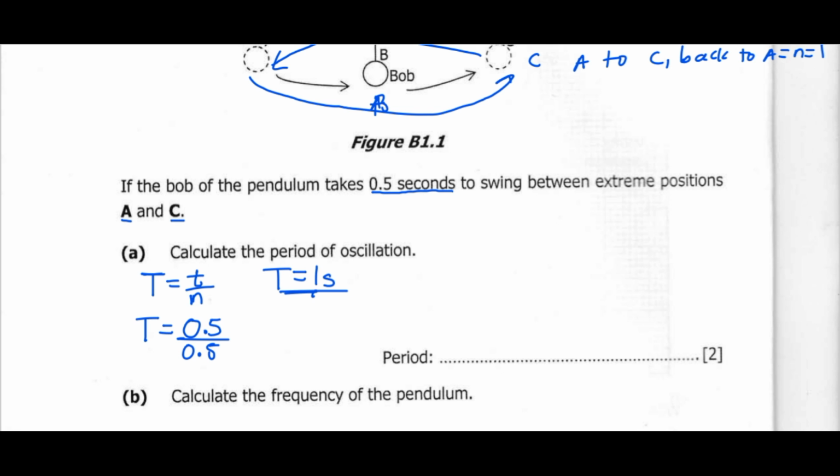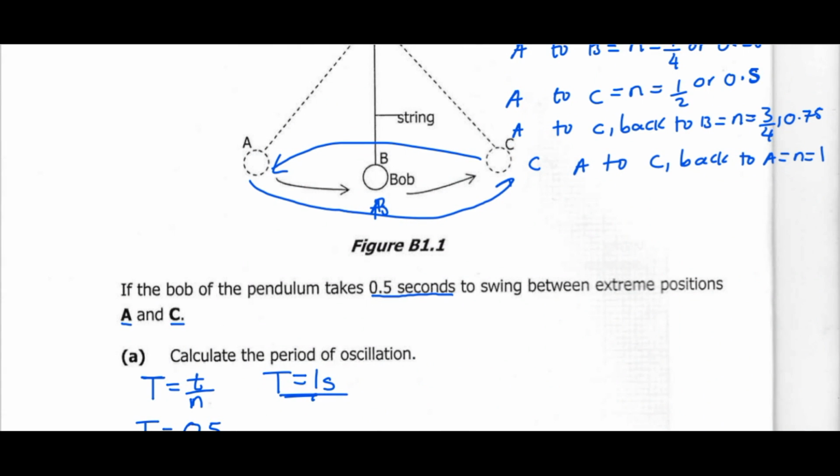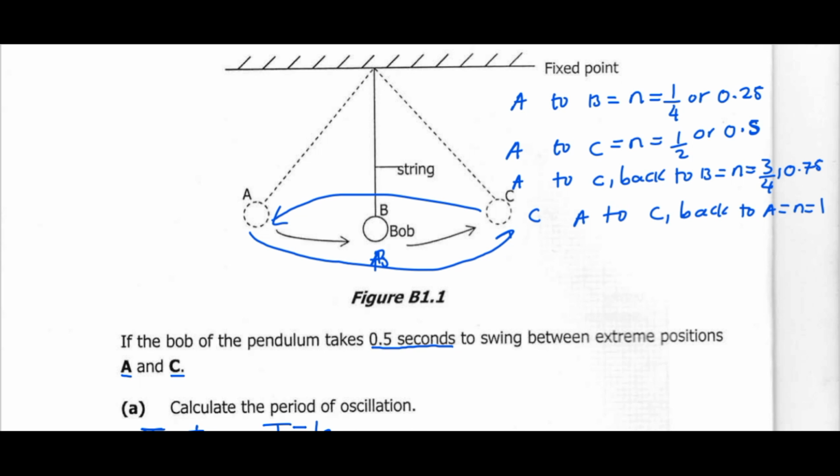Now what is really meant by this? So what this means is we know that from A to C it takes 0.5. Then from C to A it will also take 0.5.